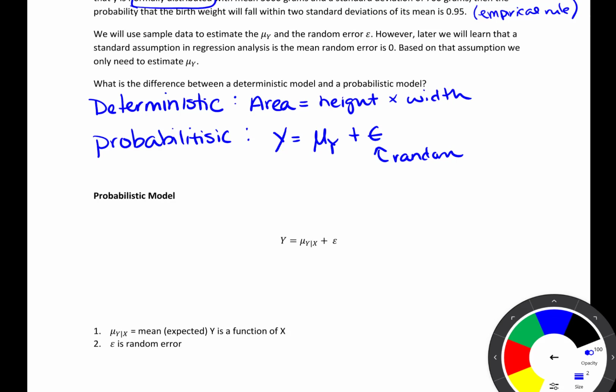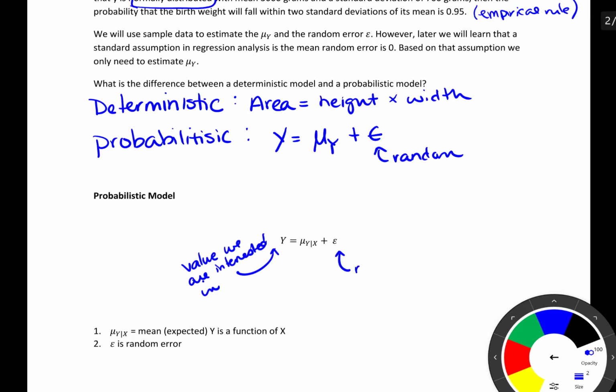Let's talk about what that could mean. y is still the value we are interested in, so this could be birth weight from our previous example, or whatever variable we want to model.